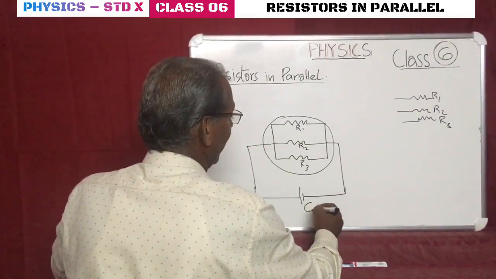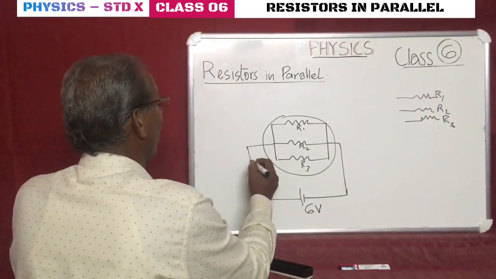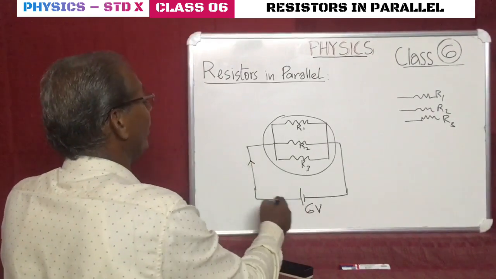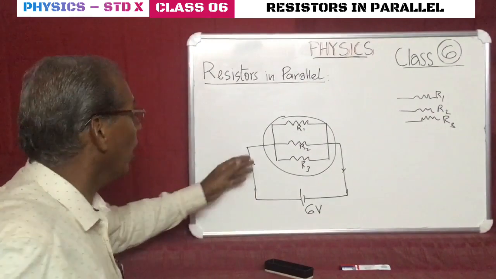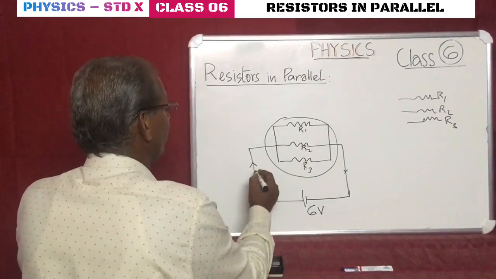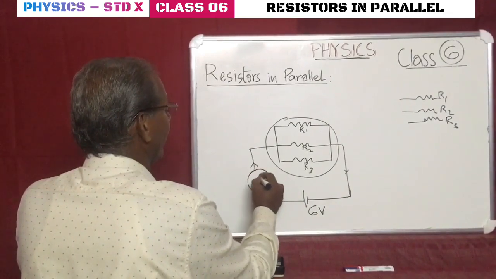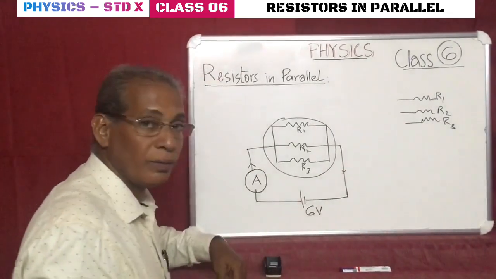Say we are connecting here some volt, 6 volt. There will be a current through the circuit. And if we connect one ammeter, we can read that current. Either here or here we can connect.